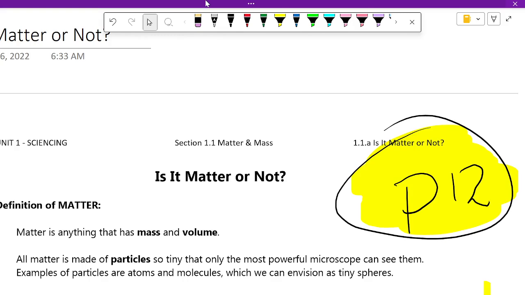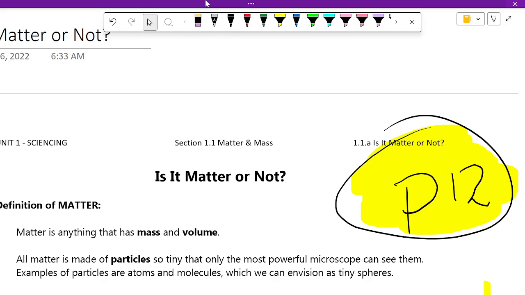And you can actually feel the particles of air if you just go like this. What do you feel? Resistance. You literally feel wind. What is that wind? That is particles of the air hitting your hand. So it has mass.